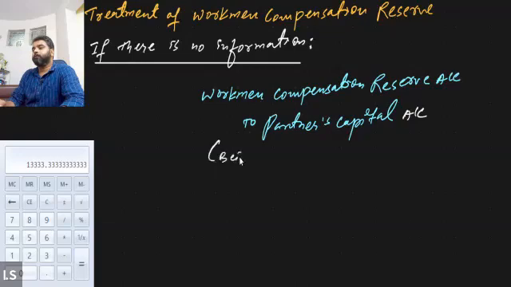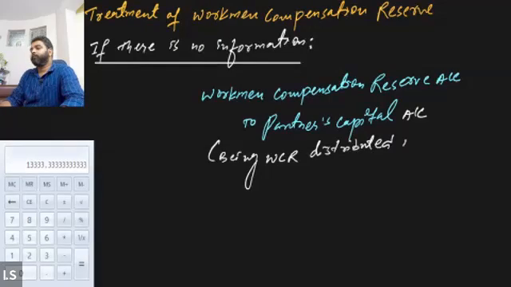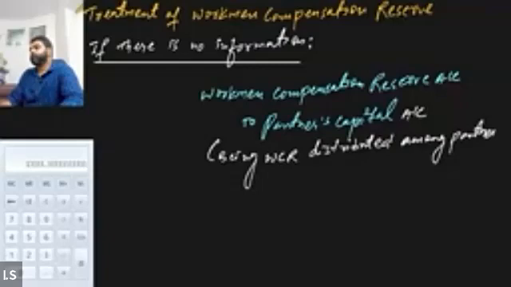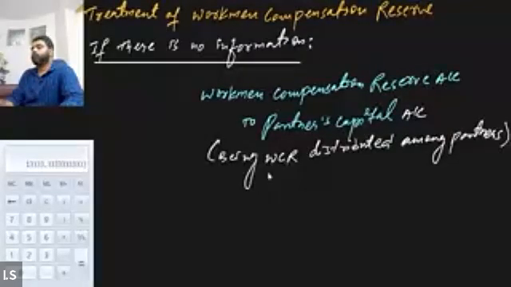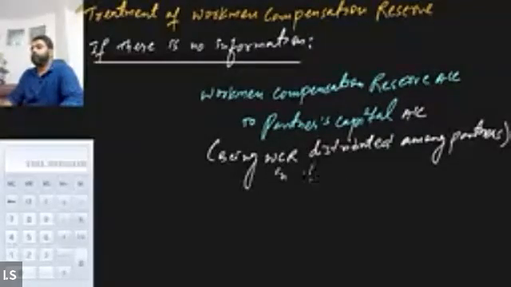The workman compensation reserve is distributed among partners in the old profit sharing ratio.